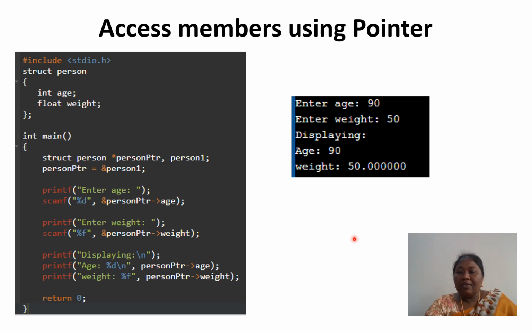From main you can create an object, or at the end of the structure definition itself, in the declaration part, you can define the object of that particular structure. Then how we can access a normal structure object, and how we can create an array of structures. Then how we can create the structure object with the help of a pointer, how we can store the normal object in a pointer variable, and then how we can access it.